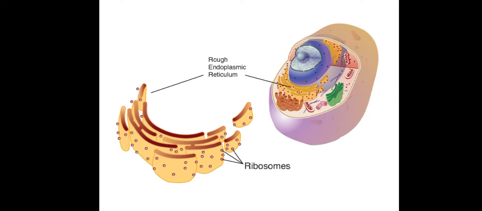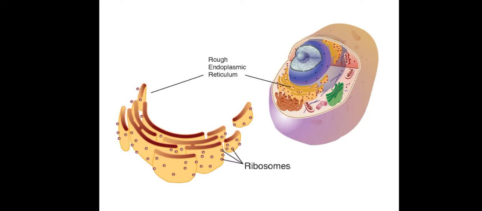And as they have ribosomes, they are involved in the secretion of proteins. Ribosomes are called protein factories. So as rough endoplasmic reticulum has ribosomes on it, they are involved in secretion of proteins. Then smooth endoplasmic reticulum helps in detoxification.